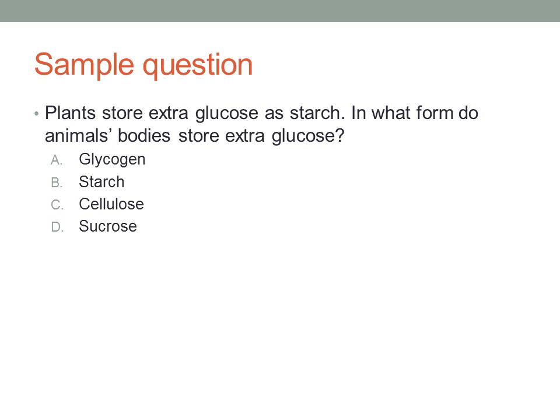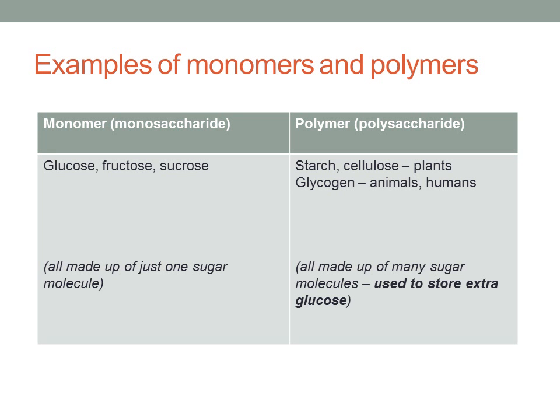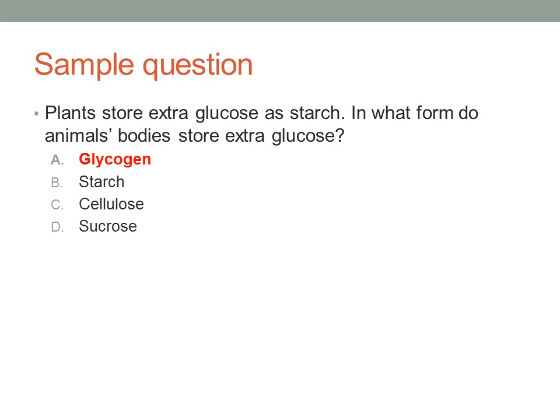And we also know that sucrose is only one sugar molecule. So we're kind of torn between A and C. Let's go ahead and look at that slide that we've been looking at. How do animals and humans store glucose? And we see on the right side of the table that we store it as glycogen. So the answer to this question would be A, glycogen.